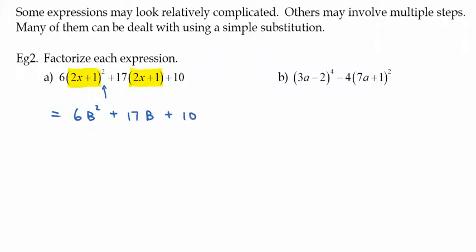I got a bracket here and there, and they are the same, 2x plus 1. Let me consider this bracket as b for now. And here I have a trinomial that I can factor.